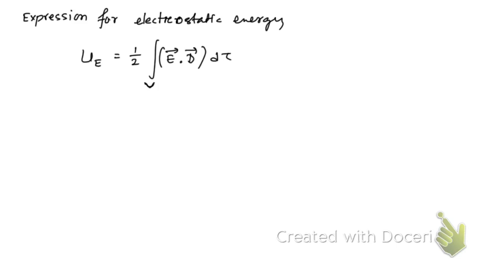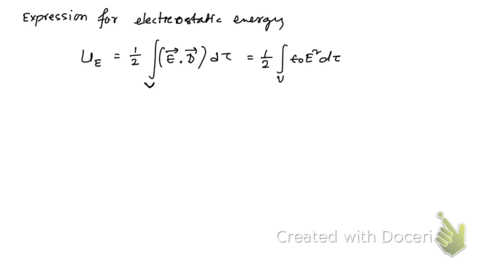Or it can be written as half the volume integral, because D can be replaced by epsilon naught E, so you get epsilon naught E squared d tau.